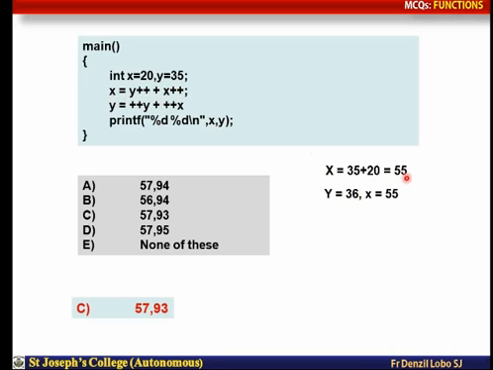Now it becomes 56 here, and 36 becomes 37 here. Because of pre-incrementation, 37 plus 56 will give you 93. Therefore 57 plus 93.